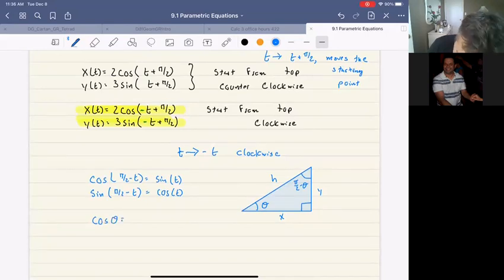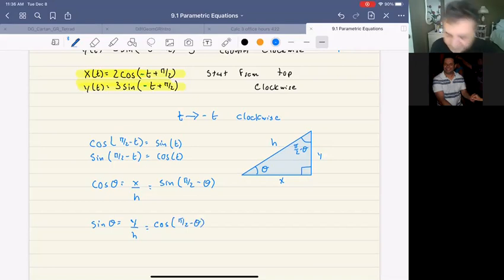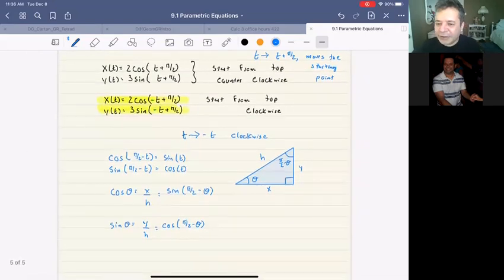Cosine theta is x over h, but that equals the sine of pi over 2 minus theta. Sine theta equals y over h, and that equals the cosine of pi over 2 minus theta. So that's how you're going to get to solve some of these problems. All right, I'll see you in the next video where we'll start doing calculus with parametric curves.